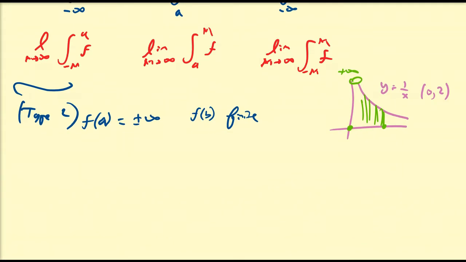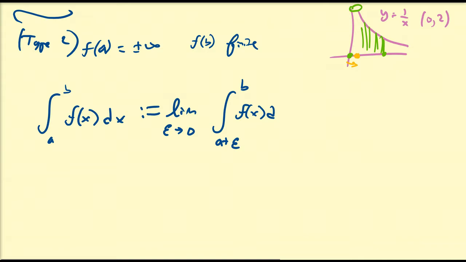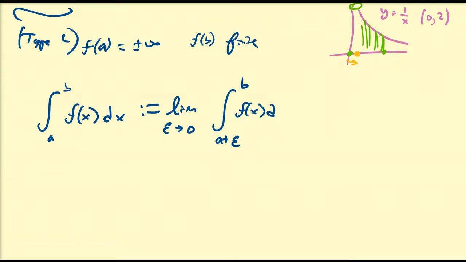We're going to define the integral from a to b of f of x dx to be equal to the limit as epsilon goes to 0 of the integral from a plus epsilon to b of f of x dx. So that is, we're going to choose a point arbitrarily to the right of a. So that's case A.